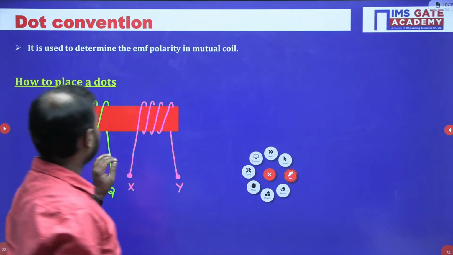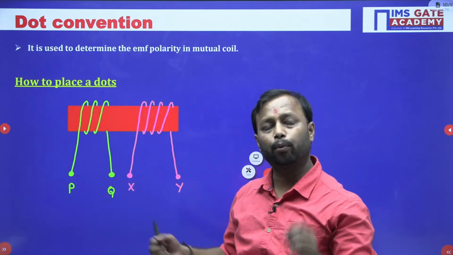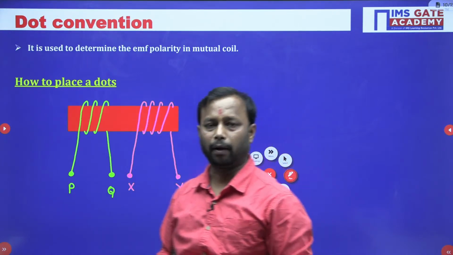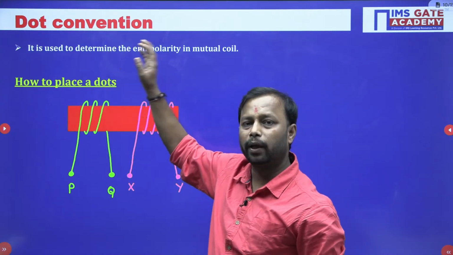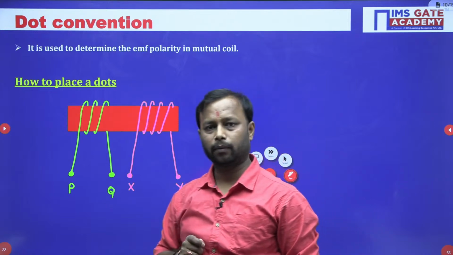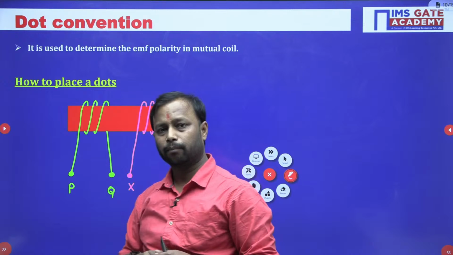Now, as I told you, you are going to find out the polarities, plus and minus. Therefore, you are going to have an EMF. This dot convention is going to help when you have mutual induction. What do you mean by mutual induction?